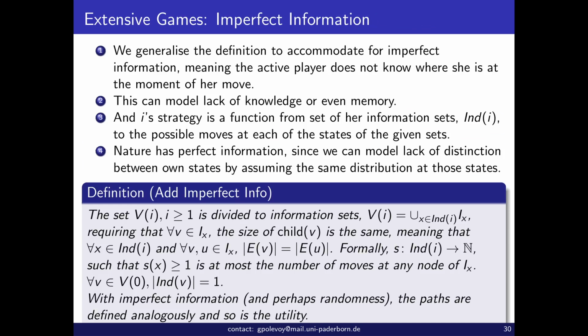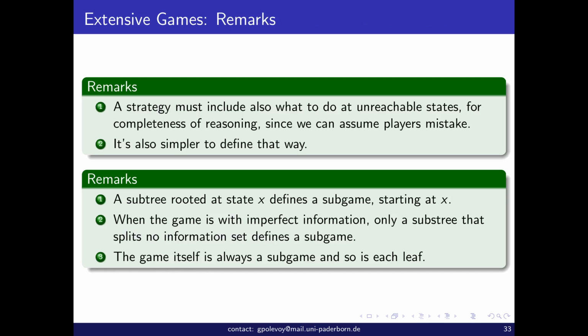Now, why do we define this like that? The rationale is simple. Because then the strategy simply is a function which goes from all the move states of the player, and not only from the move states where the player can ever get with a positive probability.